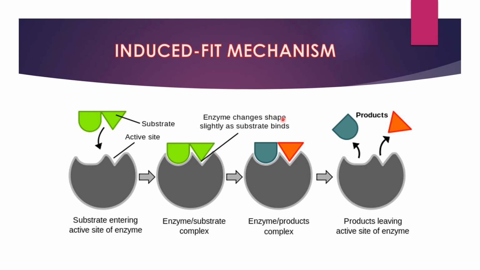So enzyme will actually change the shape slightly as the substrate bind to produce the enzyme substrate complex. So once they have bind, so the product will be produced to produce the enzyme products complex. So once the product has been produced, the product will actually leave the active site of the enzyme, making the enzyme available to bind with another substrate.